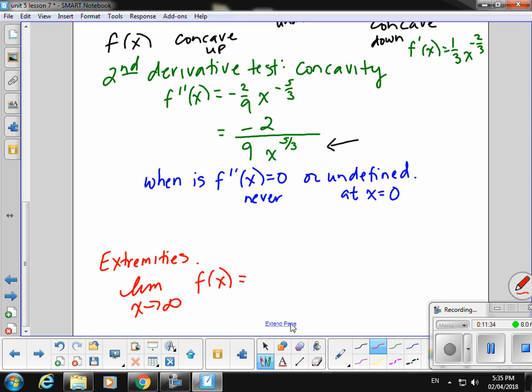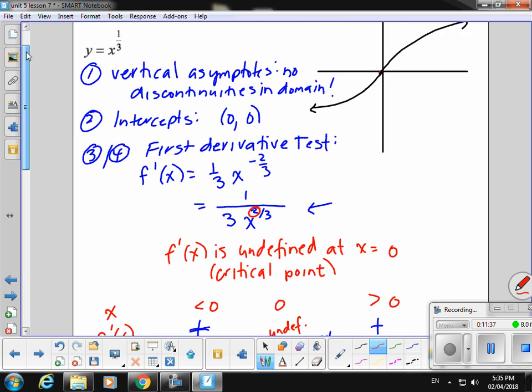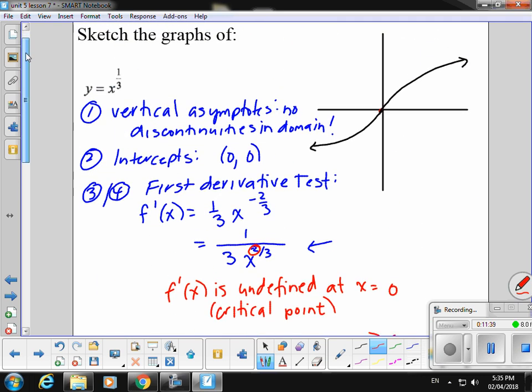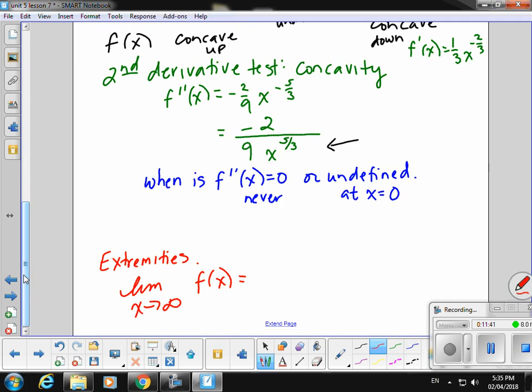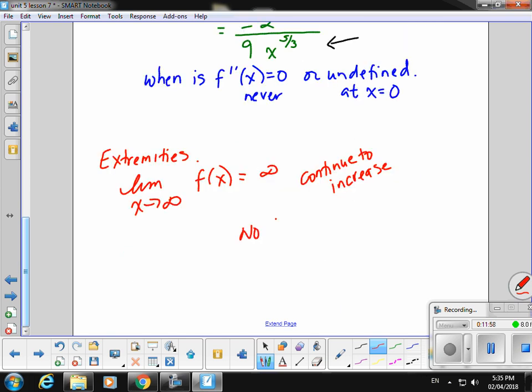If I'm taking the cubed root of a huge number, I still get a huge number. So I expect that this will continue to increase as we go. I have no horizontal or oblique asymptotes.